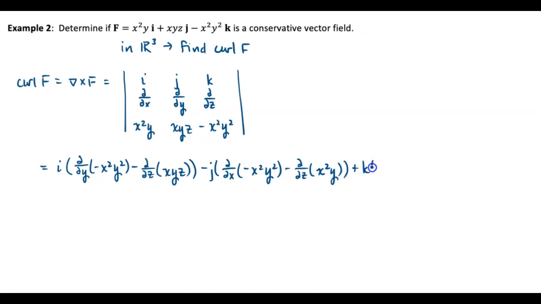Finally, we've got our k component, which is the partial with respect to x of xyz minus the partial with respect to y of x squared y.